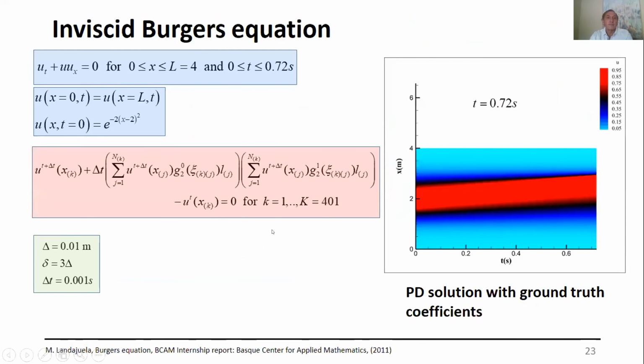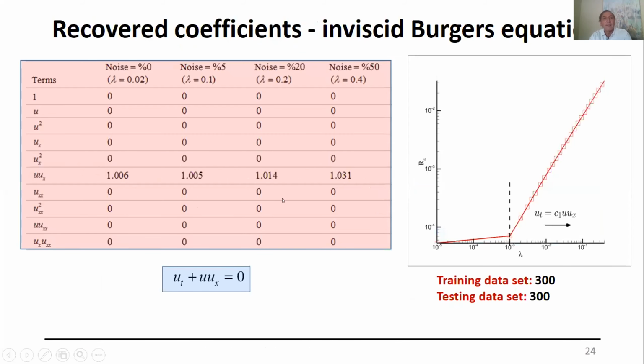Second equation is Implicit-Burger's equation. So it's a little bit more challenging. And here we have the coefficient 1. It's exactly the same as what I described before. We construct the ground truth solution with the ground truth coefficients here, and these are the terms that you have in your feature matrix.